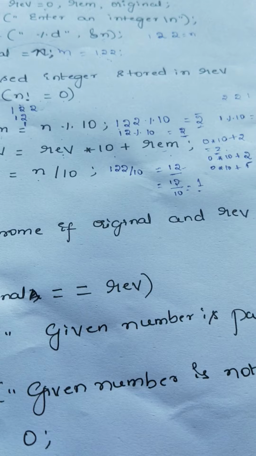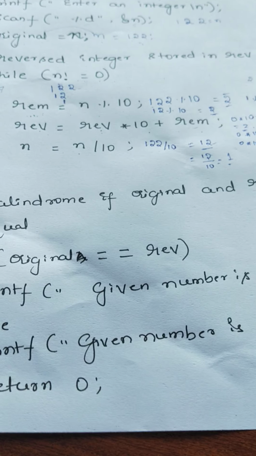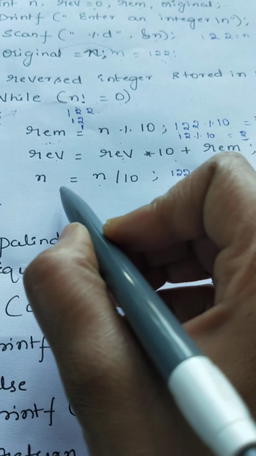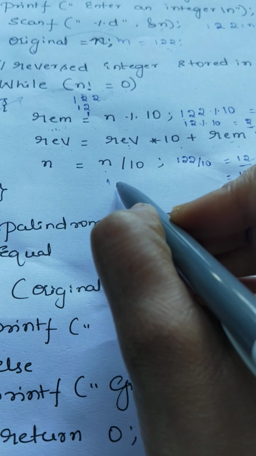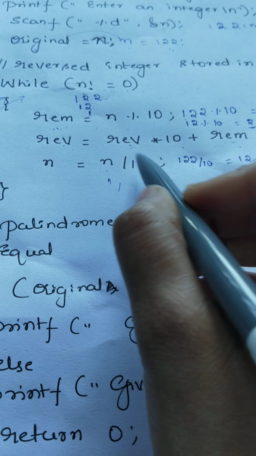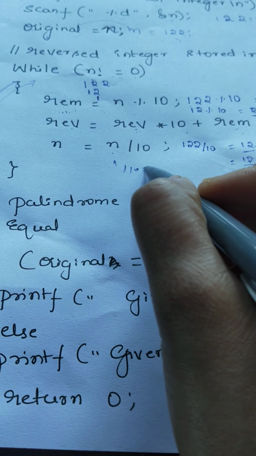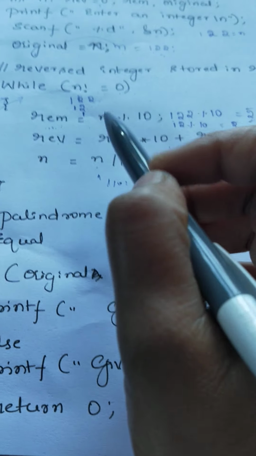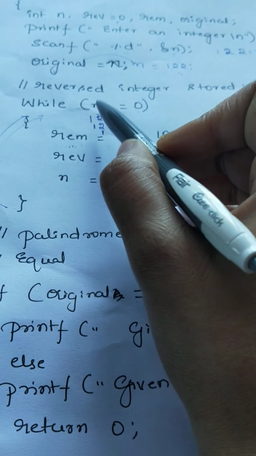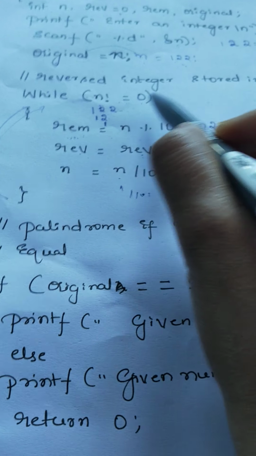So 221 we got. So again n is equal to n divided by 10. 1 divided by 10 gives you 0 point something, but as an integer that value will become equal to 0.